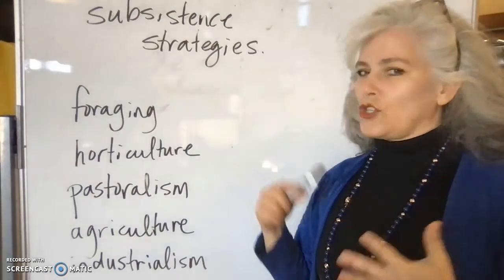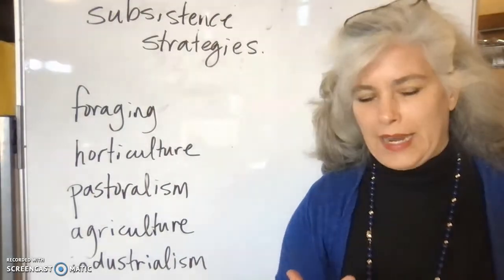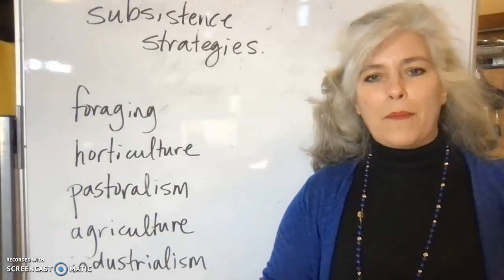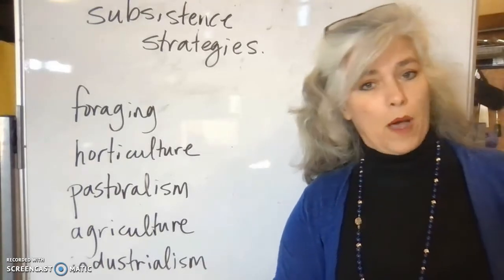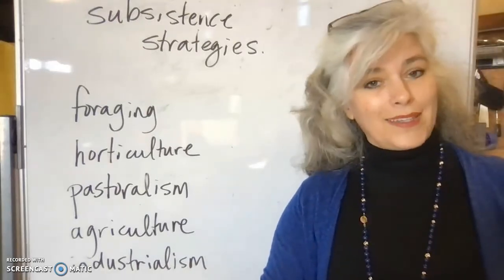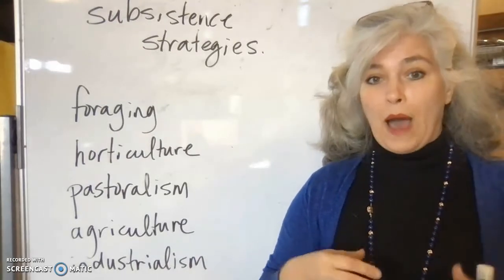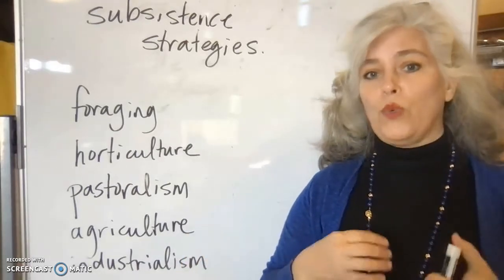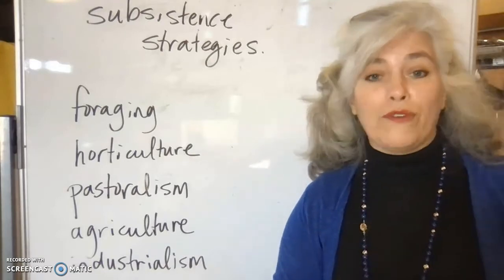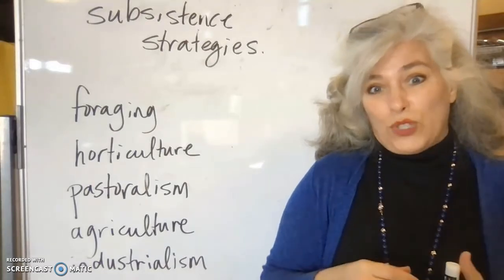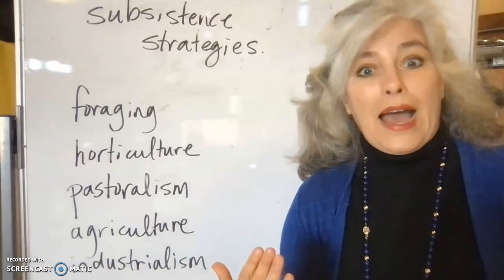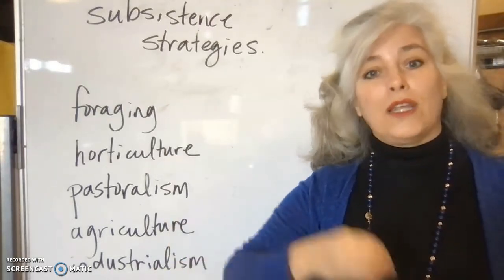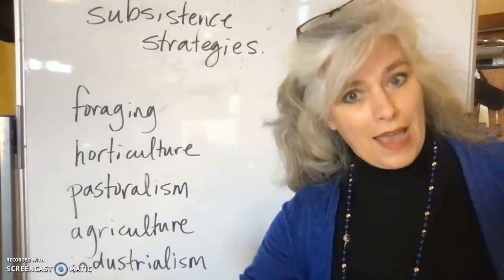But subsistence strategies, this is about food getting. Actually, subsistence means a little bit more than simply food, but in the previous discussions that we've had about population, migration, development, these issues about population size and sustainability usually have to do with food production, food availability, and how do we supply the numbers of people in our population with the amount of food they need to live long, healthy lives.